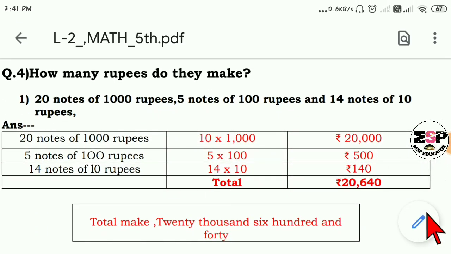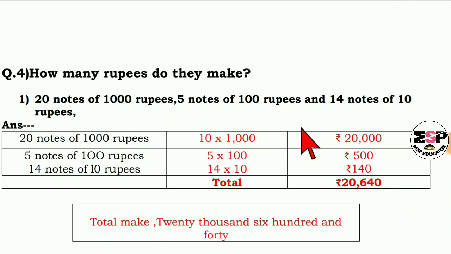Now see question number 4. How many rupees do they make? You learnt this also in 4th standard, right? So the first question given to you is 20 notes of 1000 rupees, 5 notes of 100 rupees and 14 notes of 10 rupees. Now you are going to find out how many rupees it will form in total.